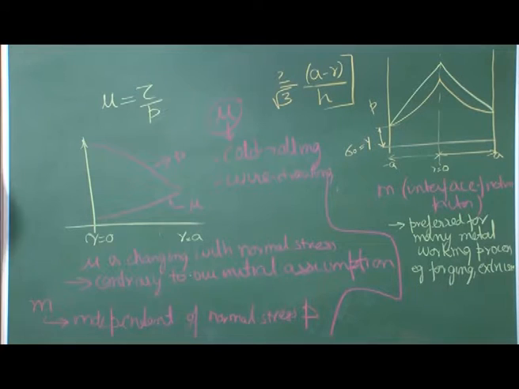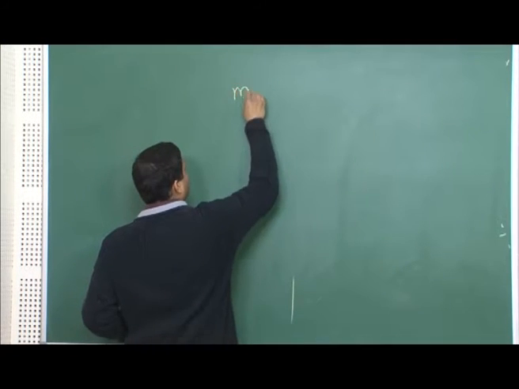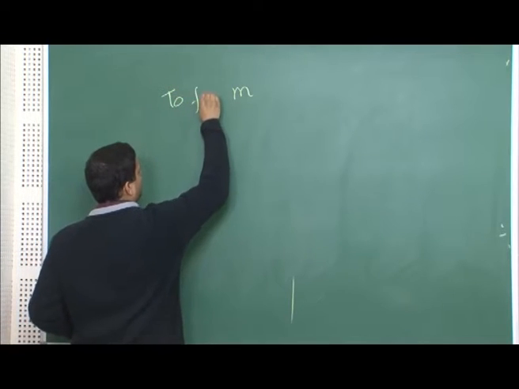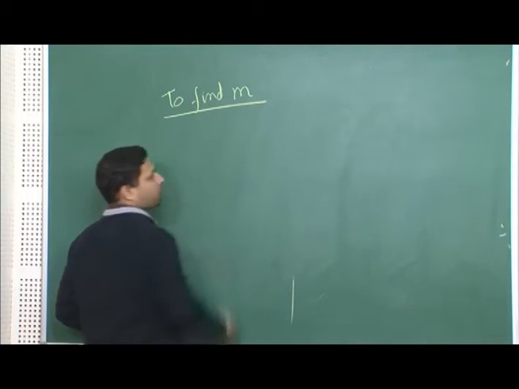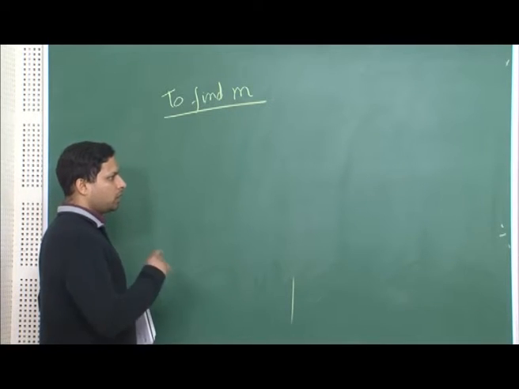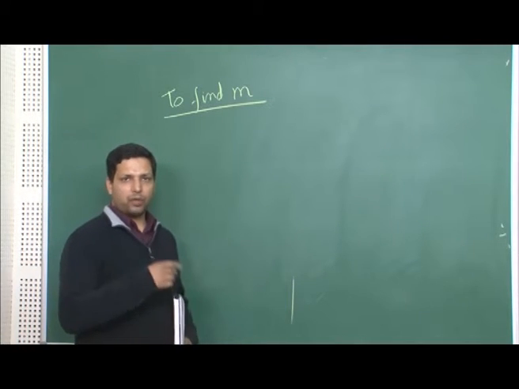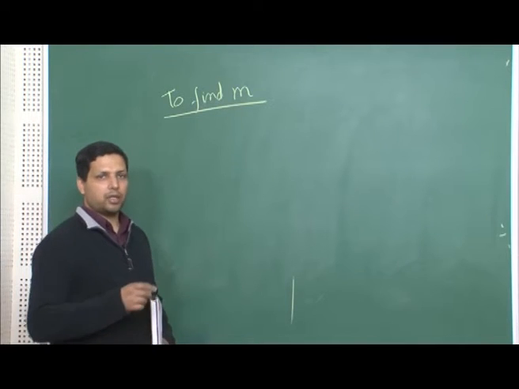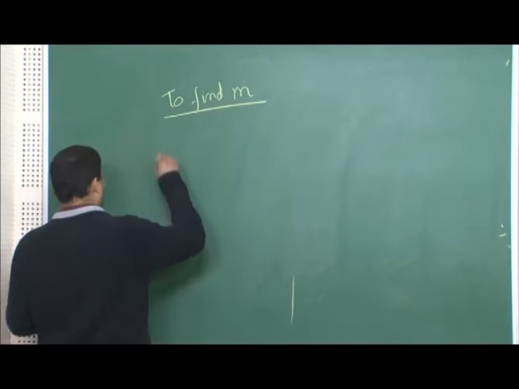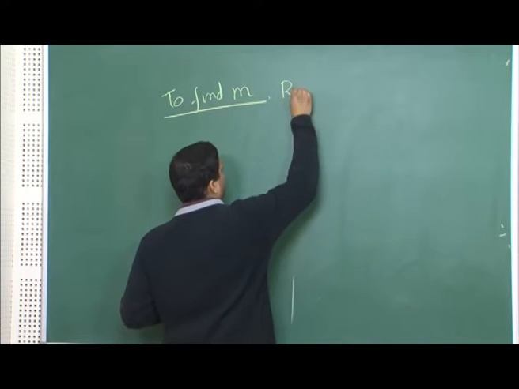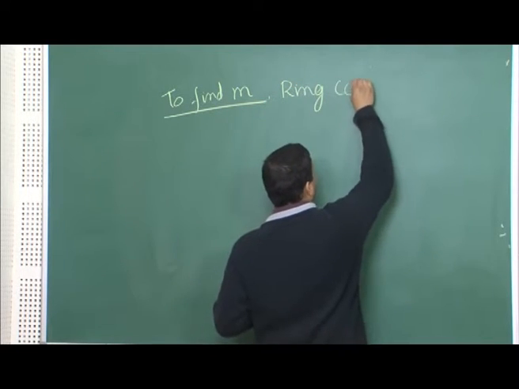Let us quickly go through one example that is very widely used for forging to find M. The aim of our objective here is to find M, so that we can find out the condition that exists in that particular configuration. It is called the ring compression test and is particularly useful for forging.